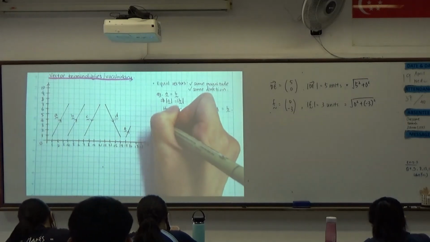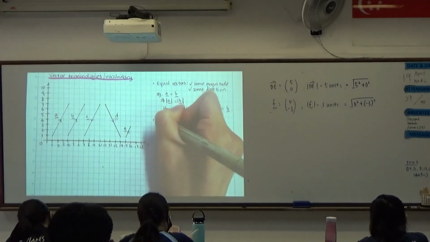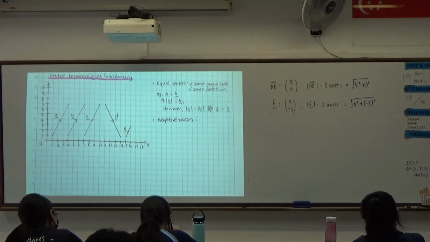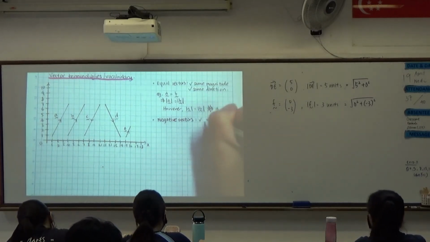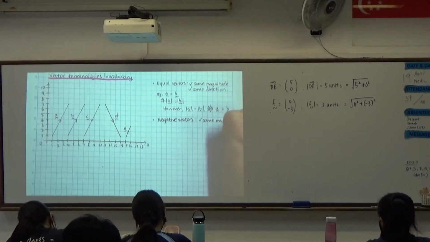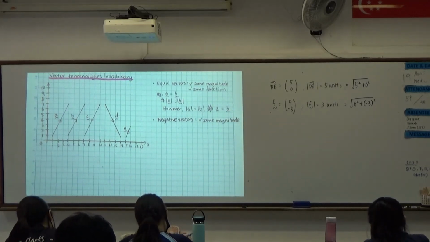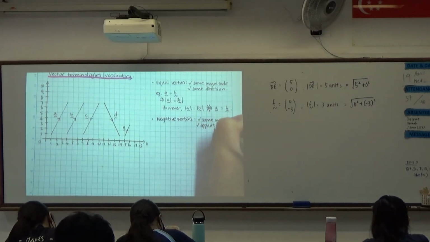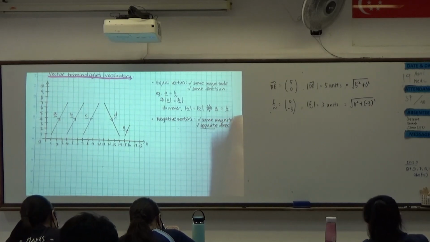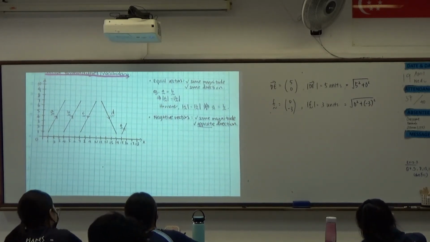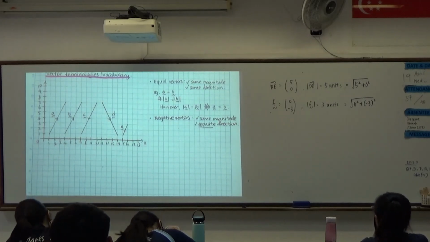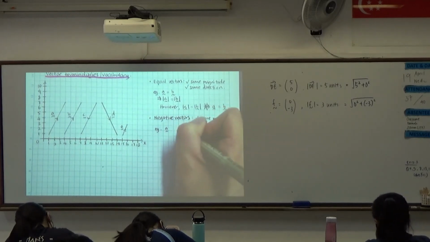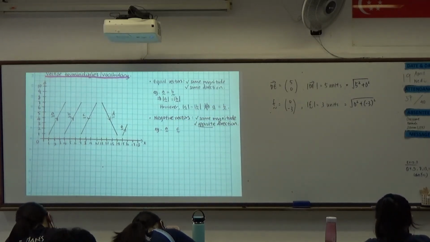Then, next thing about negative vectors. Negative vectors are vectors that have the same magnitude, but opposite direction. So in this case, as an example, A and C are considered negative vectors to each other.